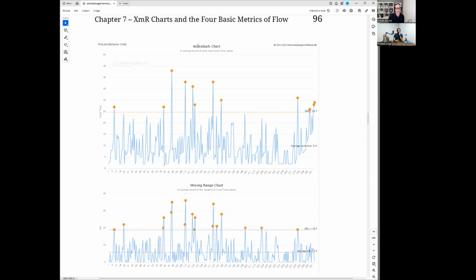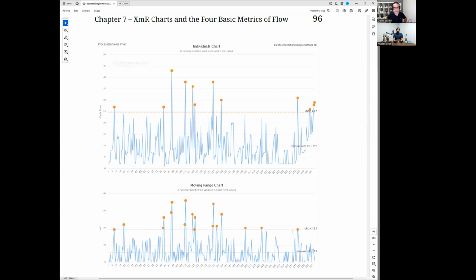Anything else that we need to know about the individuals chart here, Prateek, before I maybe say some things about the moving range chart? Well, this one is drawn just to kind of pull this back a little bit. The chart you're seeing is drawn based on cycle time. All flow metrics can be plotted since all of those are time series data.